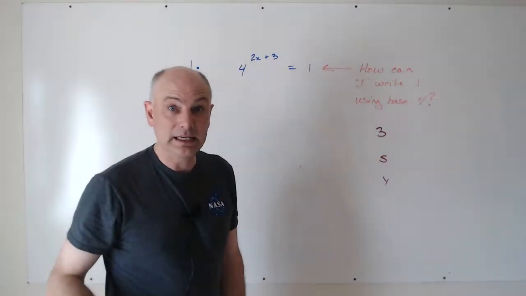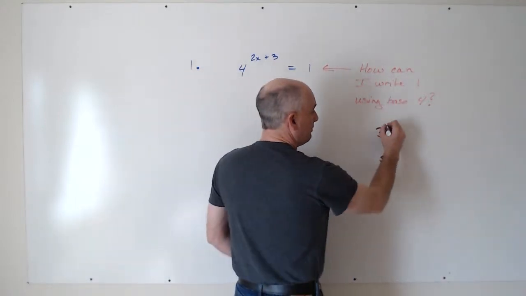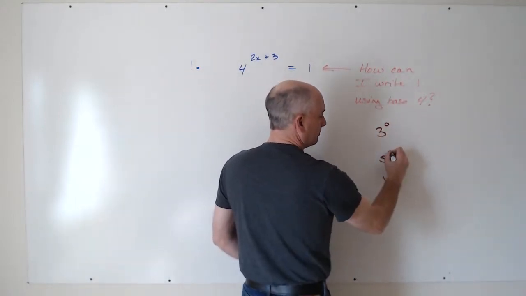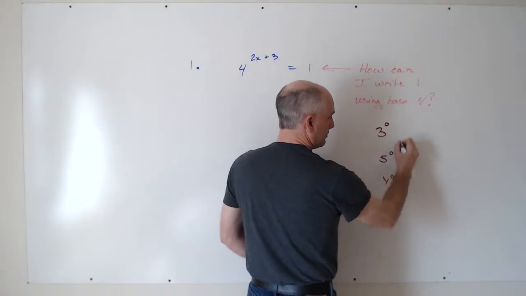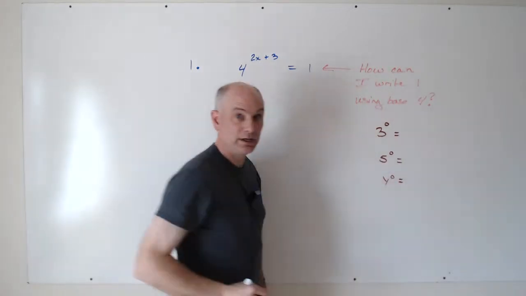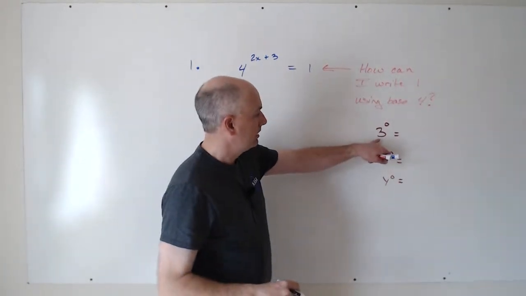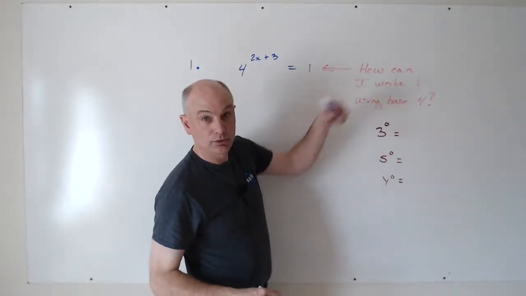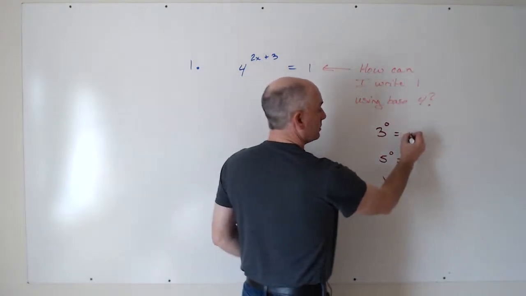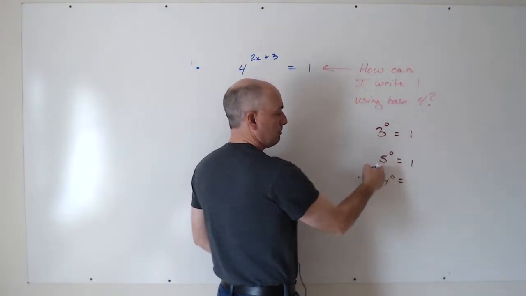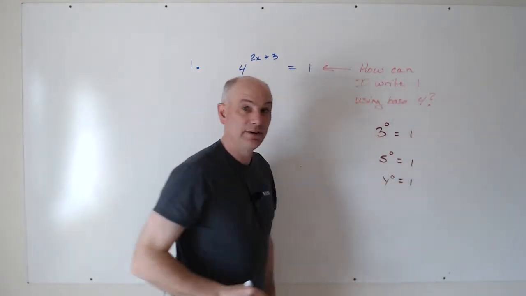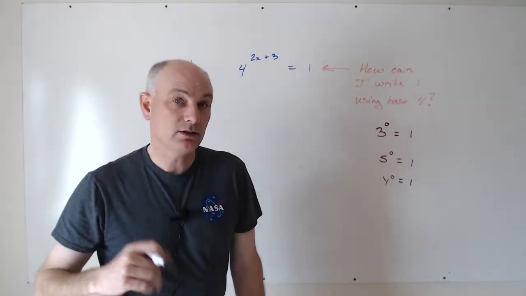Doesn't matter what it is, but if I raise it to a 0 power, as we have seen earlier this year, the result is 1. So the base can be anything I want, even a variable, but if it's raised to a 0 power, the result is 1.